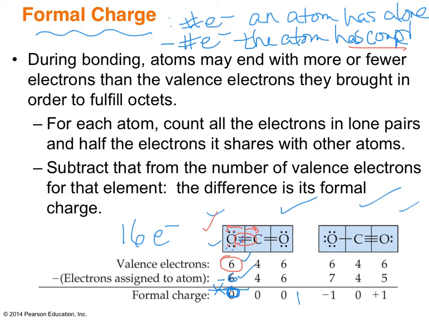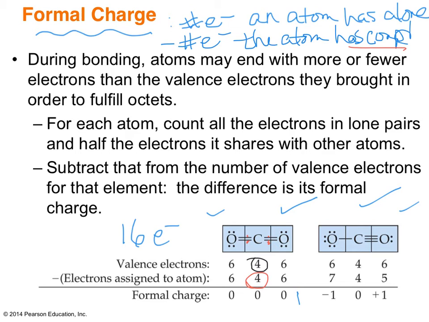So if you go through the same process for the carbon atom, carbon on its own as an atom has 4 valence electrons. And in this compound, remember that you count 1 from each bond, so it has 1, 2, 3, 4.